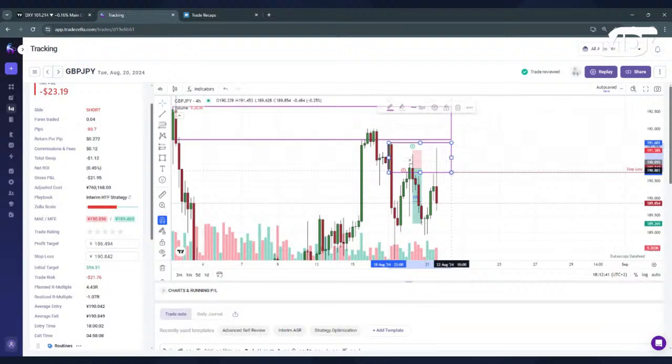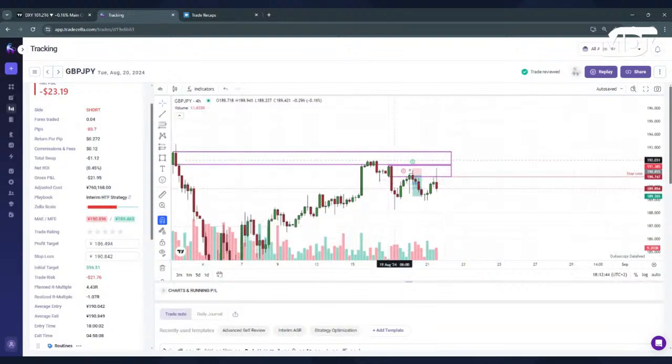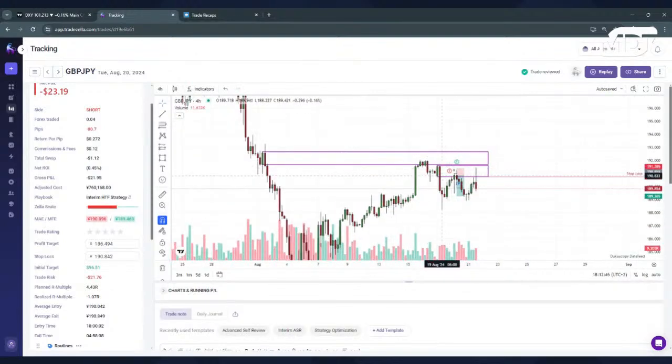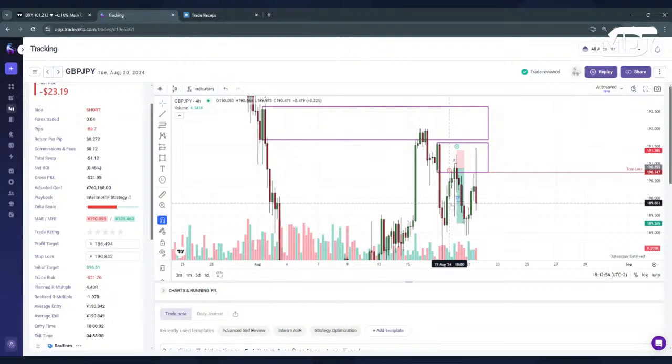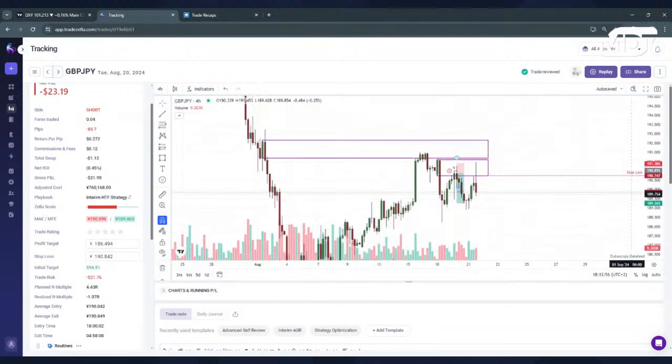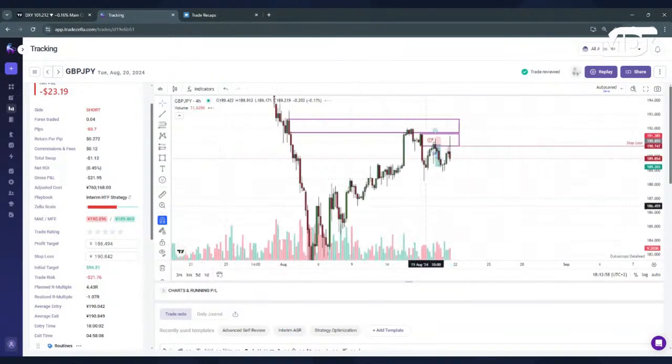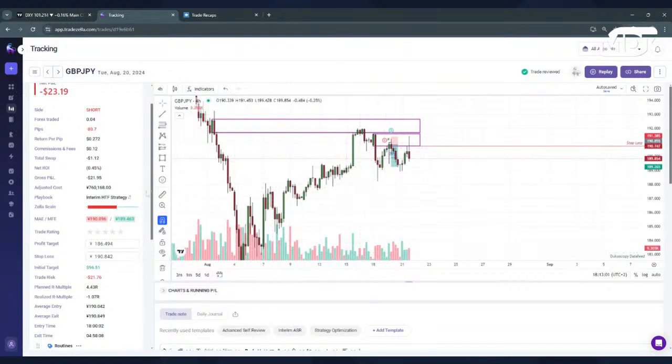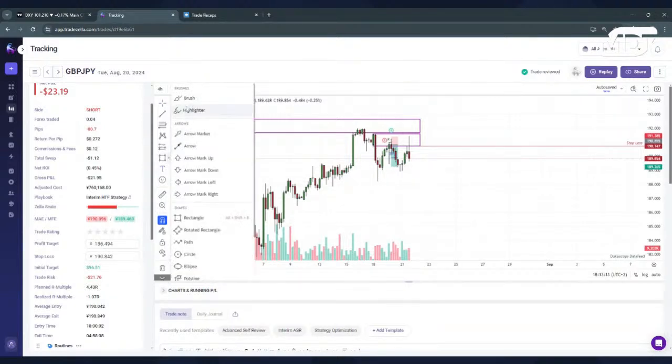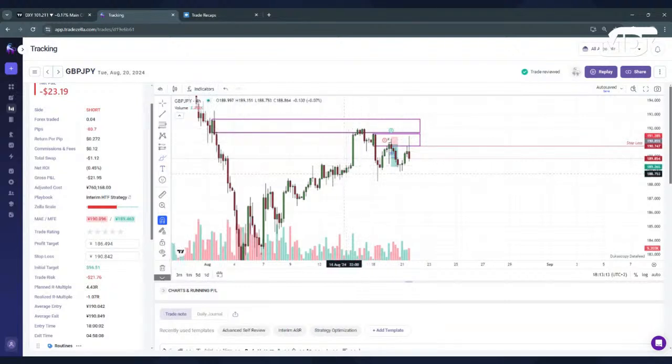Hence, I had said more resistance to the upside because we had these 2 strong levels here that were rejecting, or at least at the time of entry, these were the barriers that we had to the upside. And then to the downside, there wasn't much in terms of, let's get my drawing tool, key indicator areas.